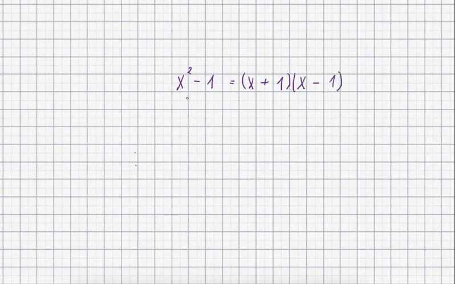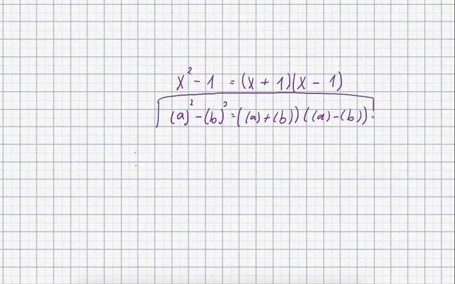And it comes from the formula that if you have a squared minus b squared, you can write it as a plus b, a minus b. Do you have this written down? Yeah. Okay. So actually 1 is like 1 squared because it's the same, and this is how it can work.